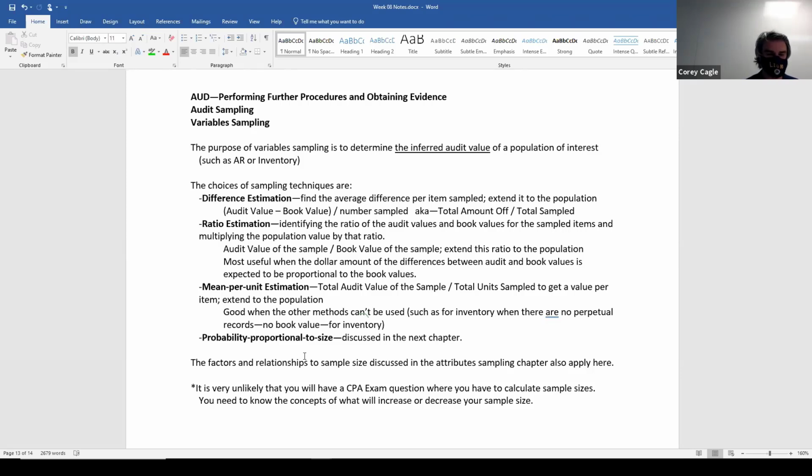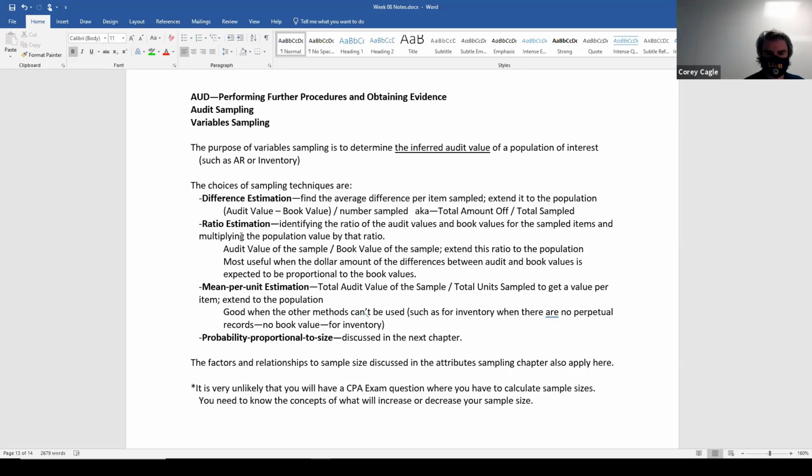It gets its own section here, but we can quickly mention the others. As we're trying to put numbers to these things, we can use difference estimation, where we're finding essentially the total amount off as a ratio to the total samples.